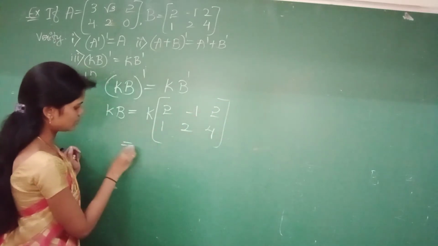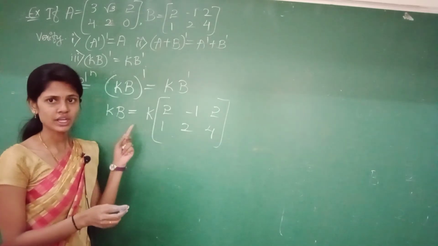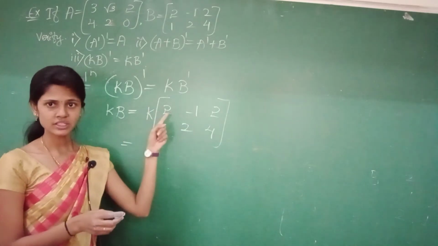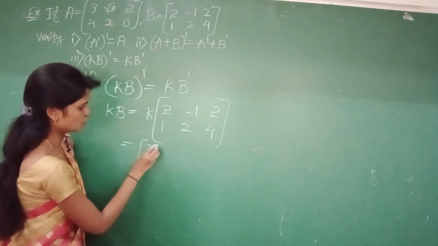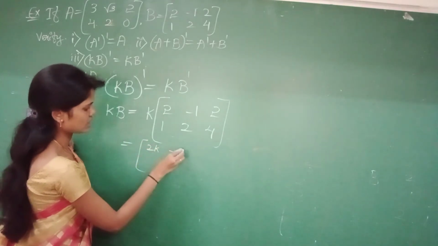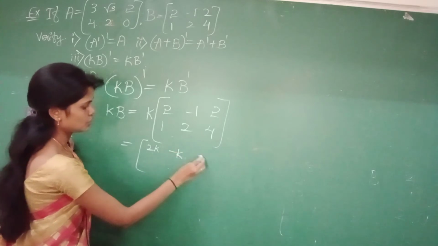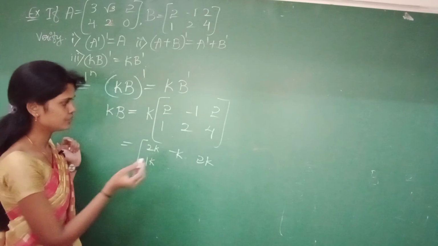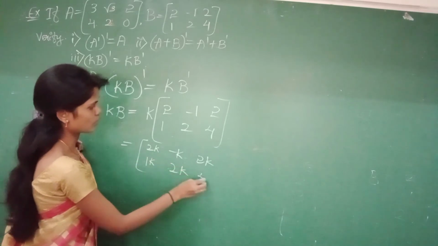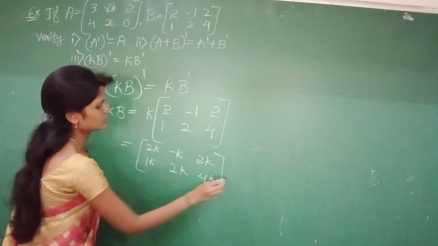If you multiply by a scalar quantity, each and every term in the matrix must be multiplied by this given scalar. So what we get, 2k, minus k, 2k, 1k simply k, 2k, 4k, right?